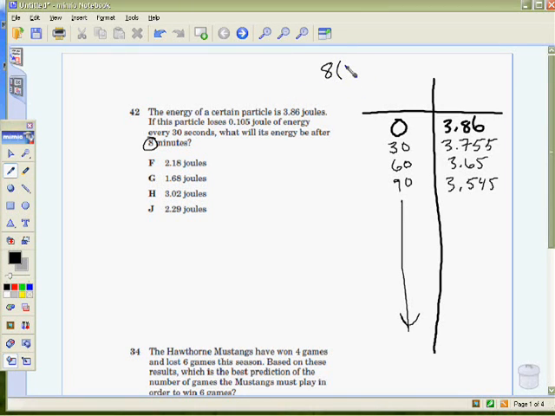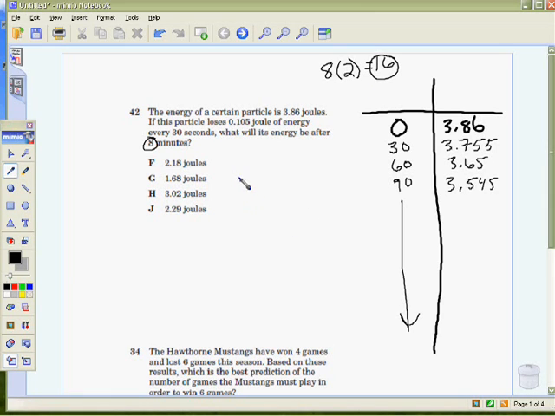So in 8 minutes I should have 8 times 2 sets of 30 seconds, which gives me 16. So I would need to do this all the way down here 16 times. So what I need to do is subtract the 0.105 16 times.